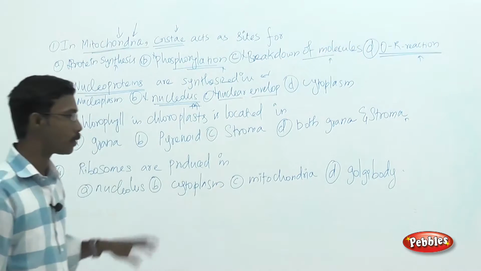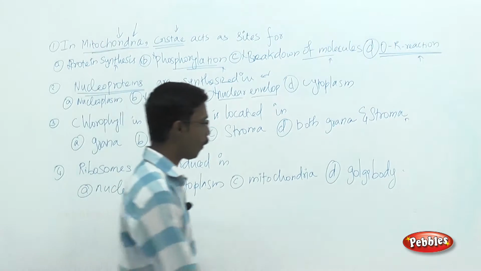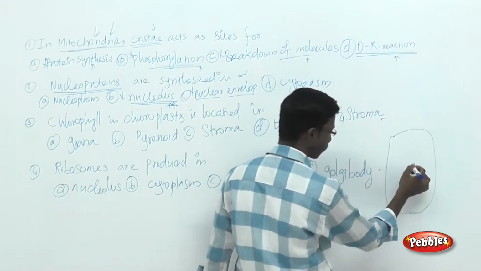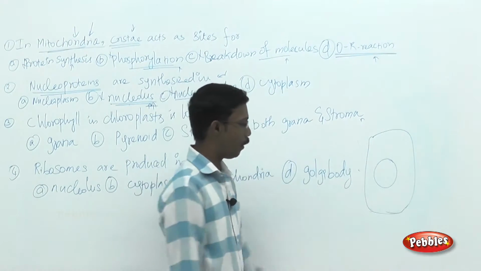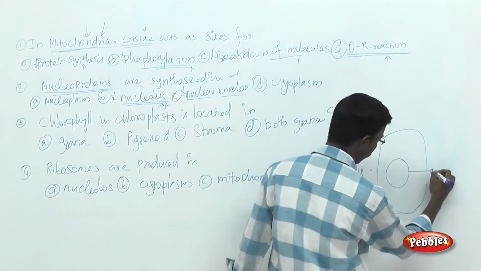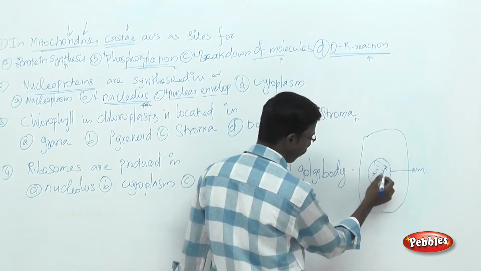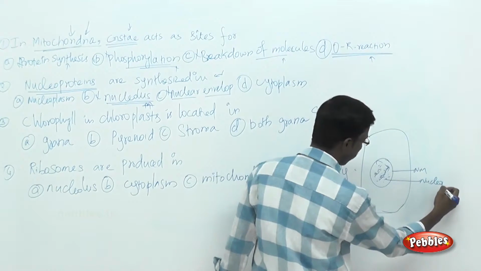What is nucleoplasm? Nucleoplasm is a matrix present within the nucleus. See the eukaryotic cell structure: within a cell there is an organelle called the nucleus, covered by the nuclear membrane. Within the membrane there is a semi-liquid matrix called nucleoplasm.